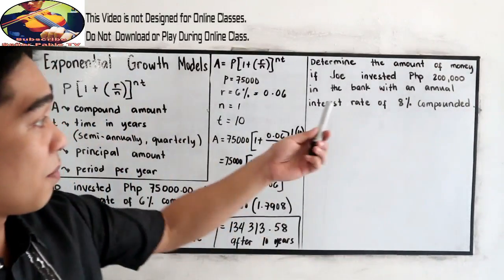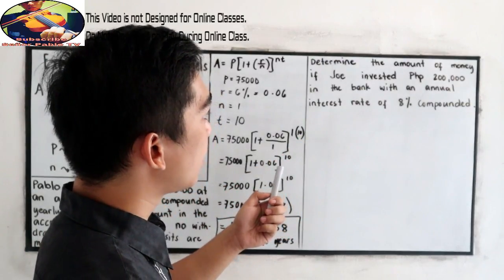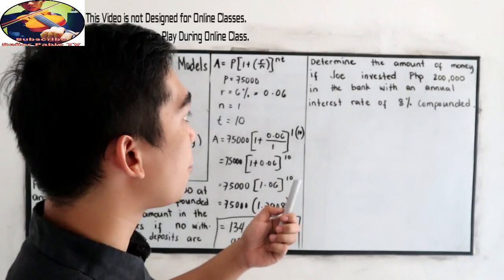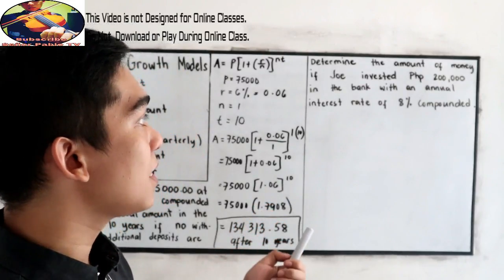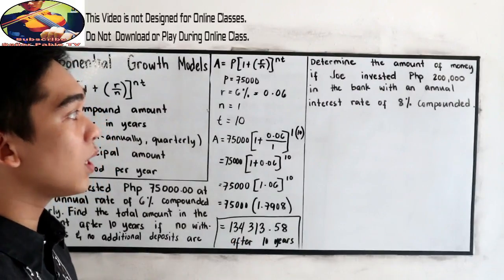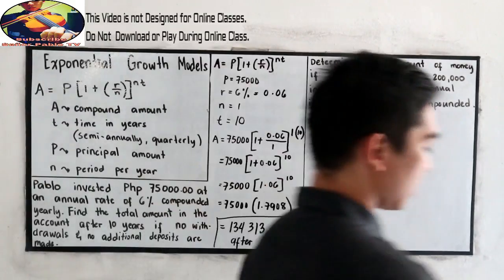We have problem number 2 here. Determine the amount of money if Joe invested 200,000 in the bank with an annual interest rate of 8% compounded.